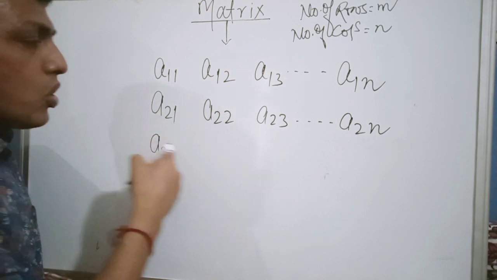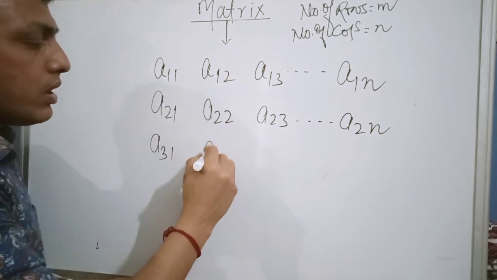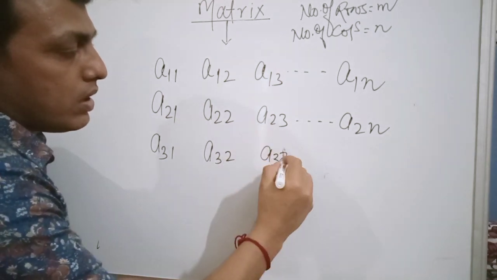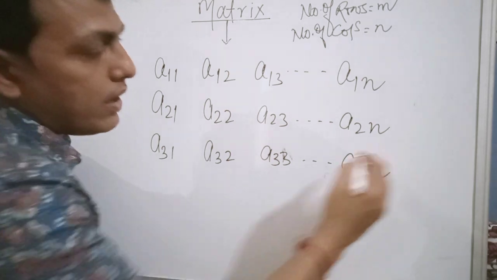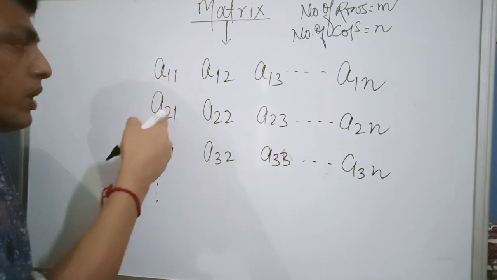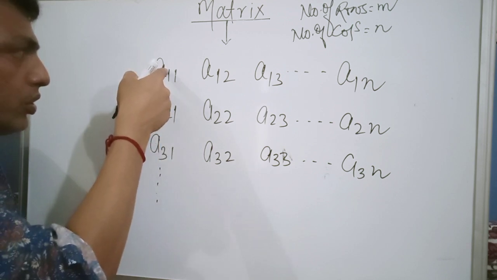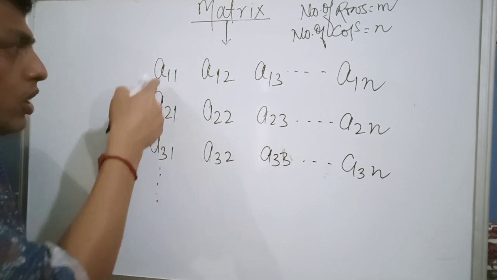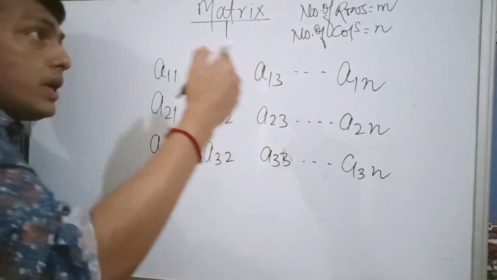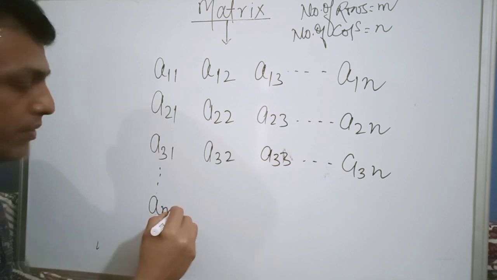Then row number 3, column number 1. Last column will be n and so on. This is column number 1. So see, 1 is the same everywhere. The rows are changed. How many rows are there? Starting with 1, then 2, 3, 4, 5, 6. How many rows are there? m. So here we have to finish with row m, but the column is 1 only.